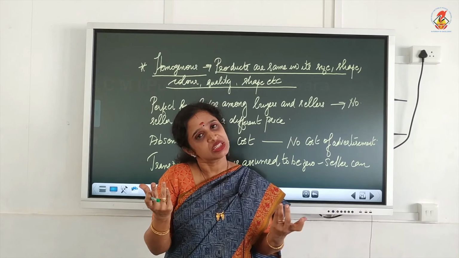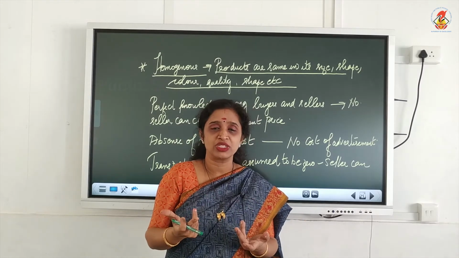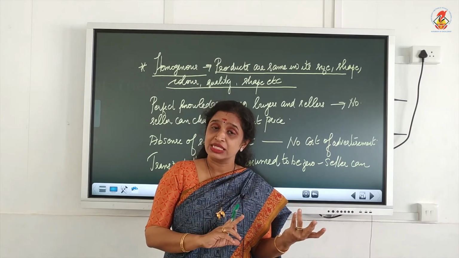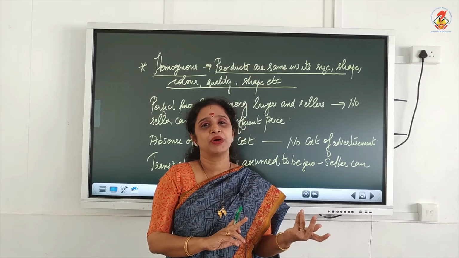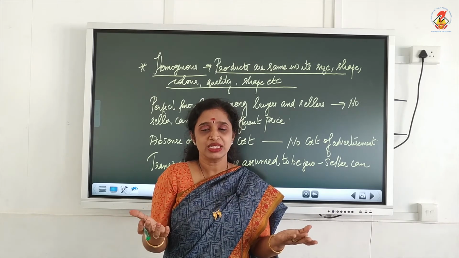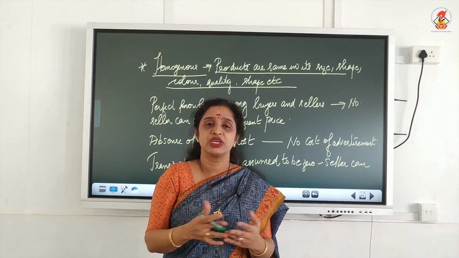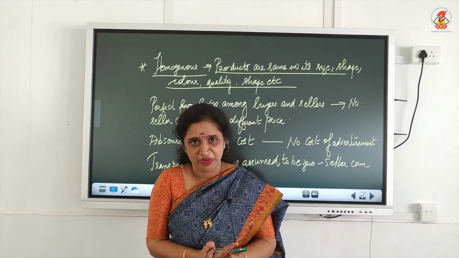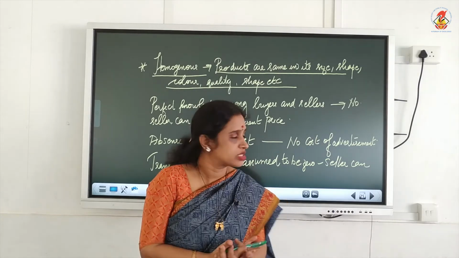So if seller A is selling that particular packet of branded powder, and seller B is selling that particular branded powder, both sellers will be selling the same product of one particular company. Therefore, its size, quality, shape, everything will be the same. There won't be any difference.